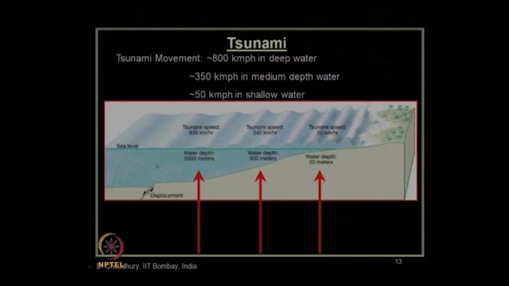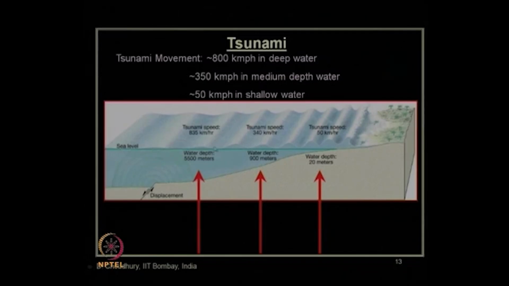Then these waves get generated, because the standing water above the floor bed gets disturbed from its equilibrium position due to this vertical movement of the floor. And once it starts flowing, the speed of the tsunami will be much higher at the deep sea location, but the height of the wave will be much smaller.